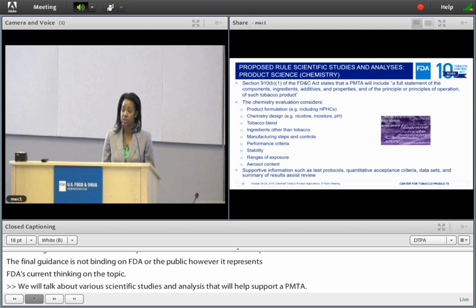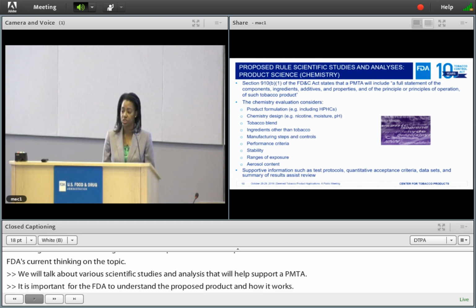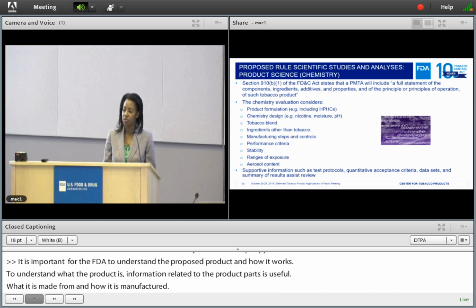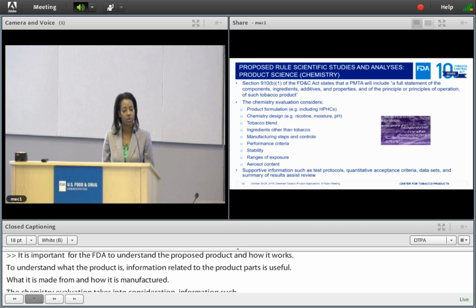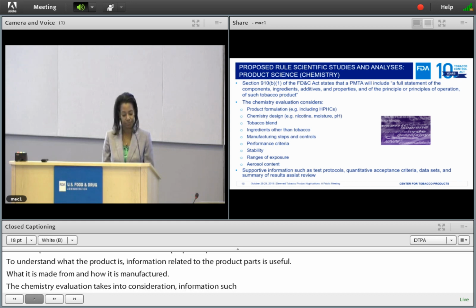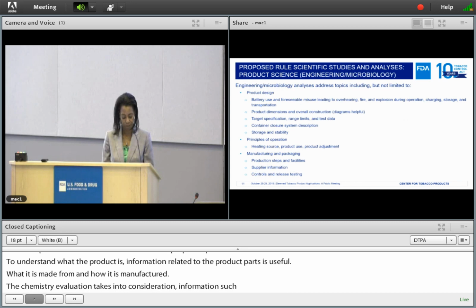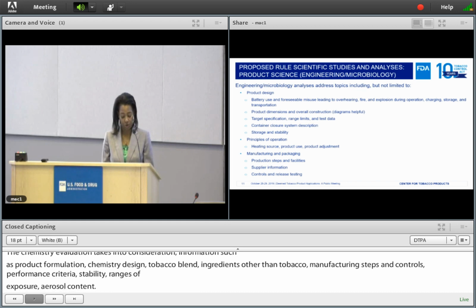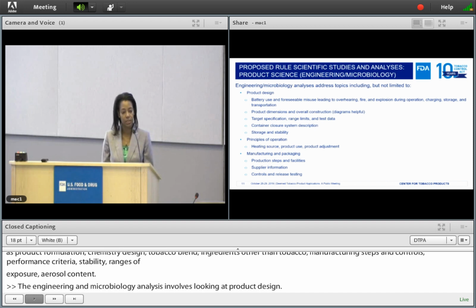The chemistry evaluation takes into consideration information such as product formulation, chemistry design, tobacco blend, ingredients other than tobacco, manufacturing steps and controls, performance criteria, stability, ranges of exposure, and aerosol content. The engineering and microbiology analysis involves looking at product design, principles of operation, as well as manufacturing and packaging. FDA currently does not have requirements on reporting of design features regarding specific products such as ENDS.